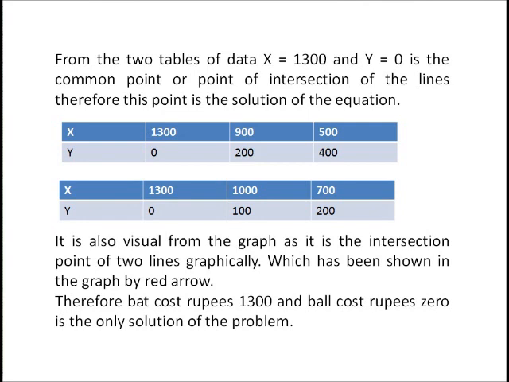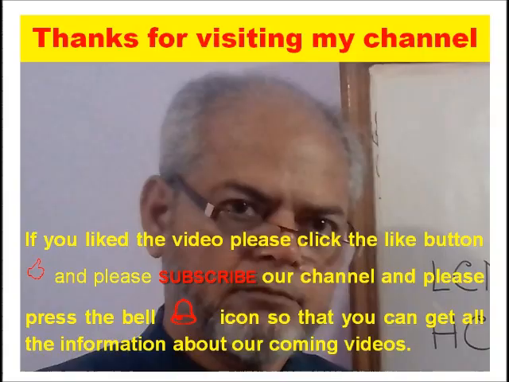So this is the common point. It is also visible from the graph as the intersection point of the two lines, which has been shown in the graph by the red arrow. Therefore, bat cost rupees 1300 and ball cost rupees 0 is the only solution of the problem.